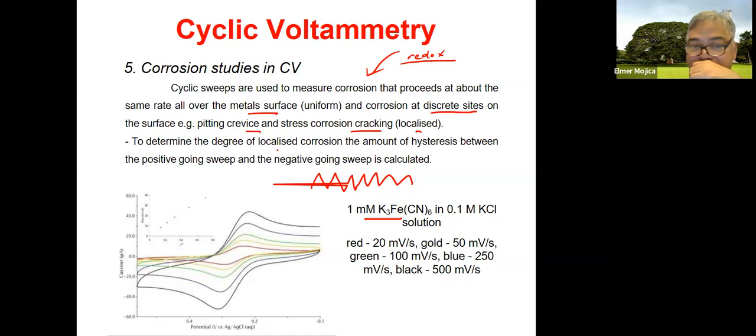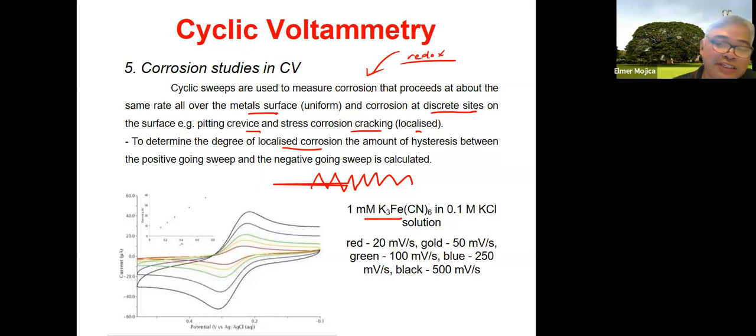So to determine the degree of localized corrosion, the amount of hysteresis between the positive going sweep and the negative going sweep is calculated. So this has really, we could say, a large potential.